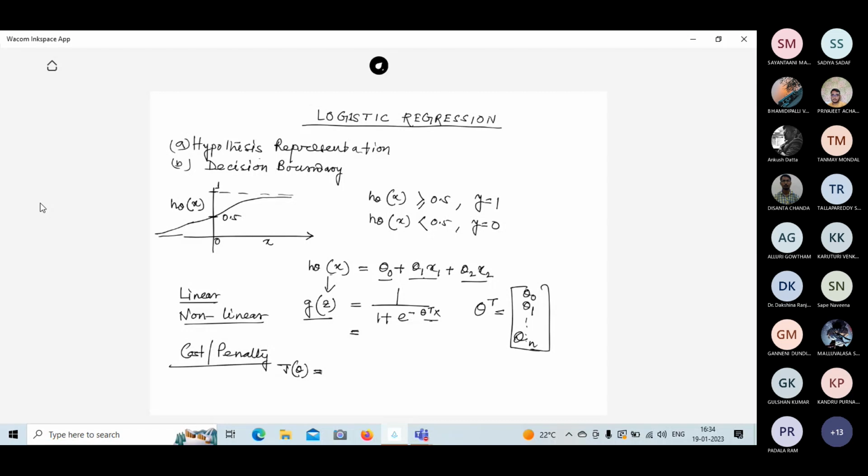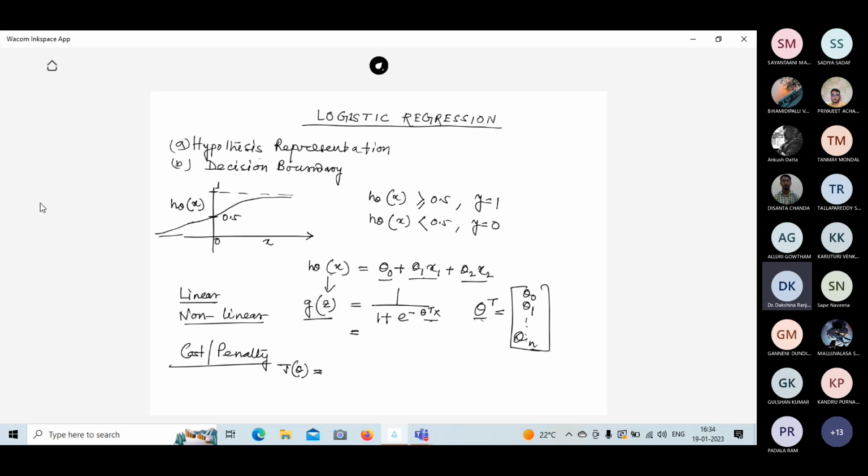So after getting the cost function, we will go for the optimization of the cost function, and then finally we can get the optimal model parameters or optimal coefficient theta for the hypothesis representation. Okay, so that is our objective. So first we made the hypothesis representation, then we defined the decision boundary.